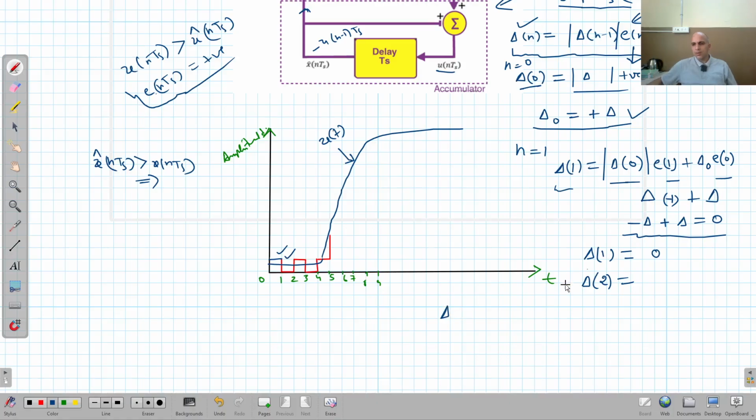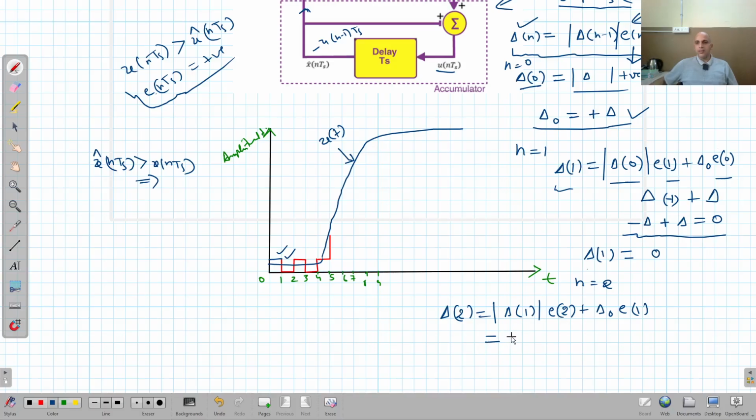Or I can write here, for n is equal to 2, delta 2 is equal to what? Modulus of delta 2 minus 1, that is delta 1, into modulus E2, error 2, plus delta 0 into error 2 minus 1, that is E1, right? So now you can put all these values.